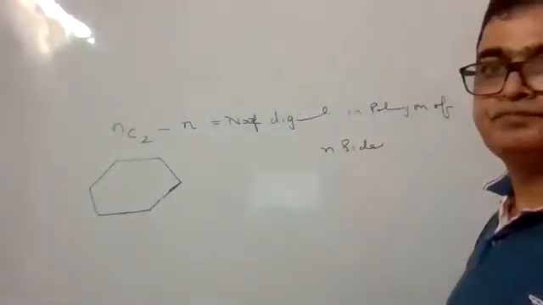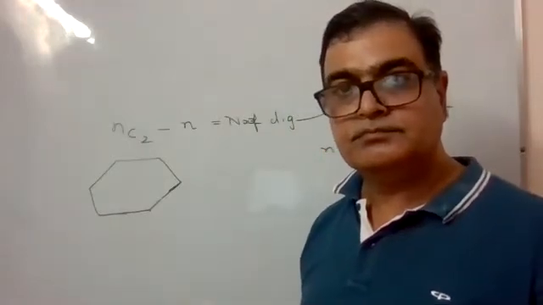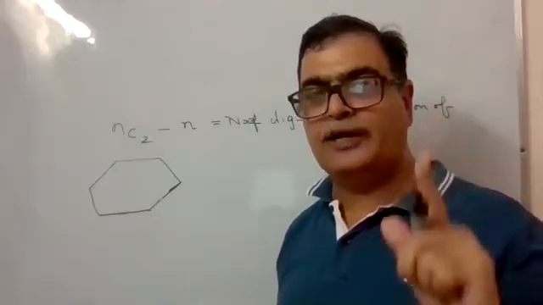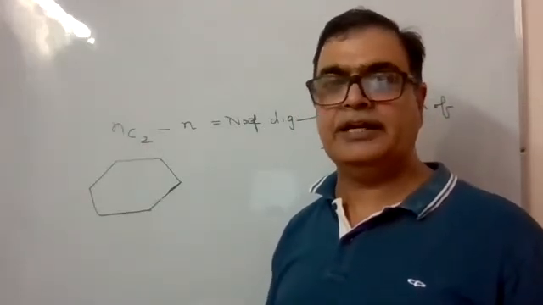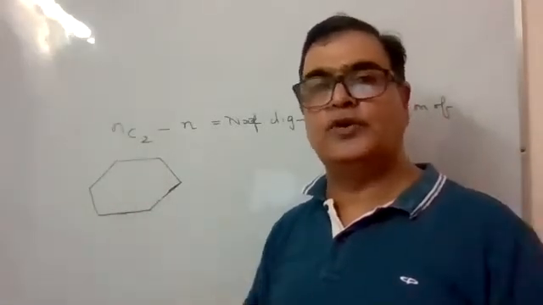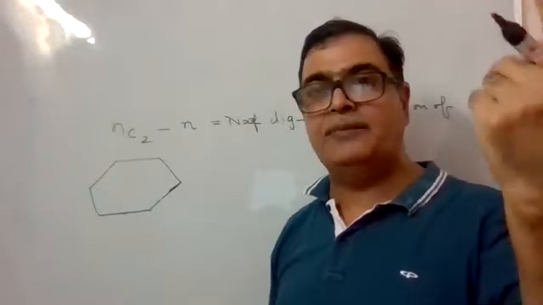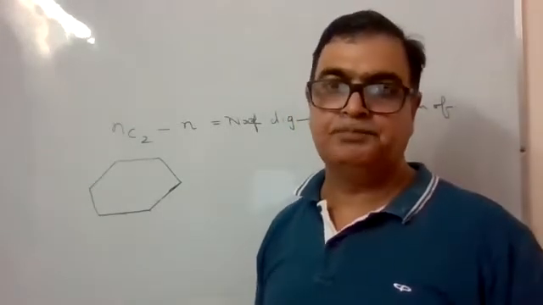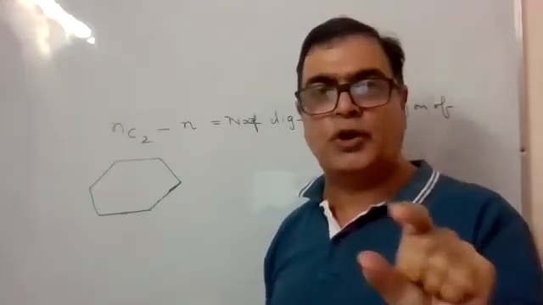Sir, why are we taking 2? I did not understand this first part. NC2. For a line, how many points are needed? 2. So you had n points, and if you join any 2, you will get a line. If you want one line, how many points will you select out of n? As many selections as you can make, that many lines will be formed. NC2 means out of n, you are selecting 2 points at a time.